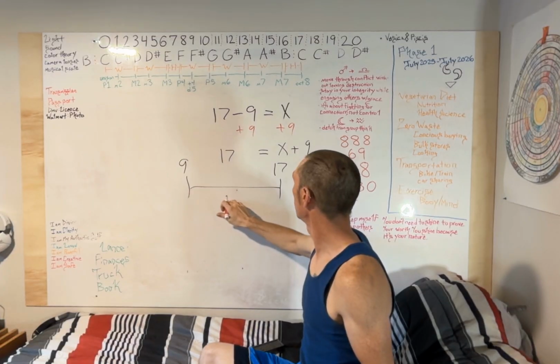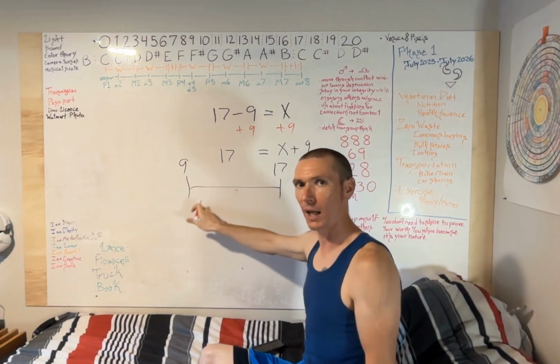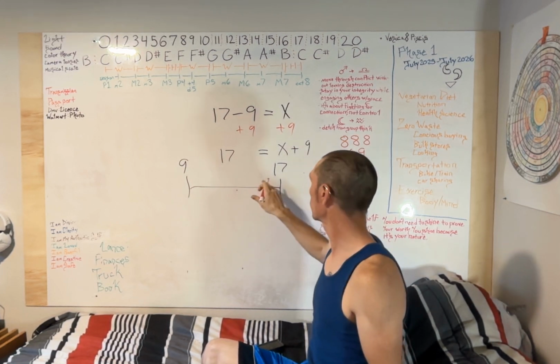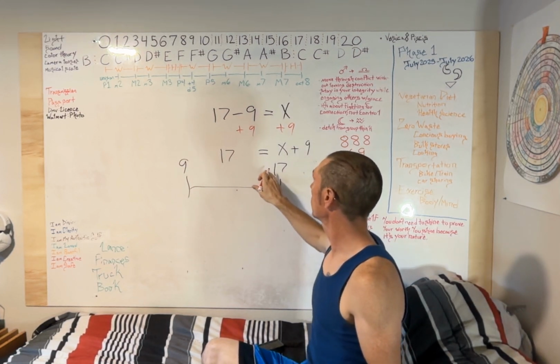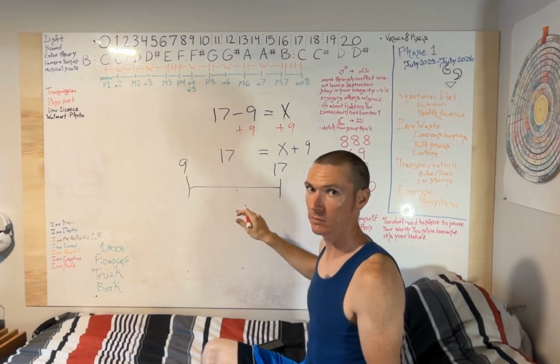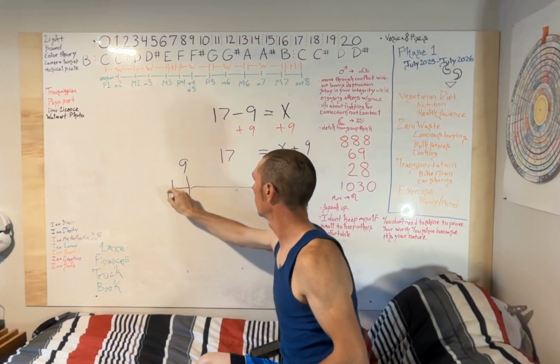So, to subtract would be to take away from 17. So 17 minus 9 is going to be 8, right? You got to go down here to get to 8.